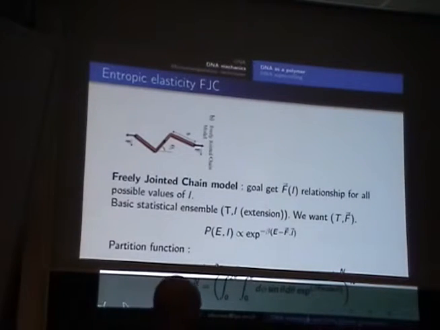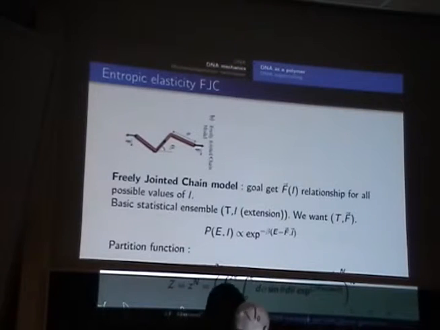So this is a magnetic dipole oriented in a magnetic field. You have dipoles that are free to move, like a gas of dipoles. You put a magnetic field, and they are going to orient in the direction of the magnetic field. This is exactly the same problem.